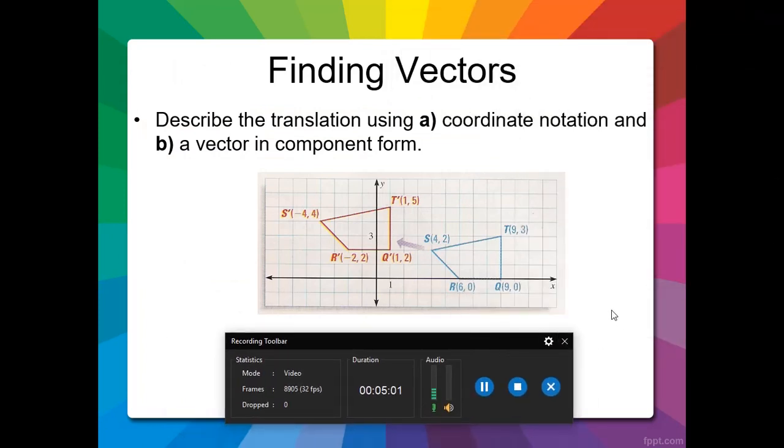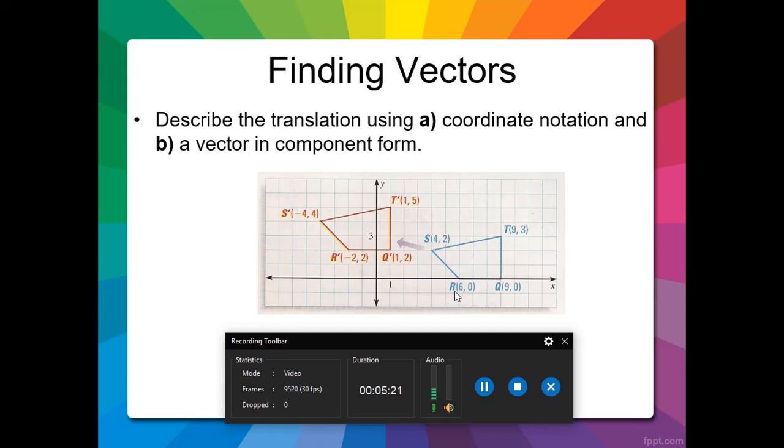In this example, we are translating a full figure. We're using the arrow to kind of indicate that vector movement. Just like in the lesson we've just finished up last week, you can pick one point on the figure, whether it's T or S or R or Q, and we're just going to see where it landed.